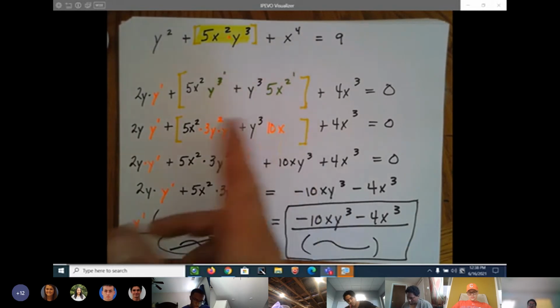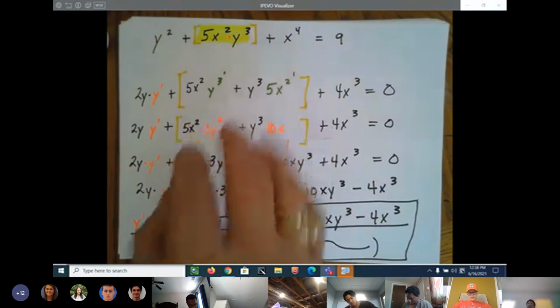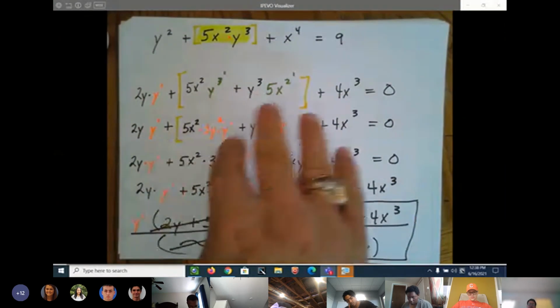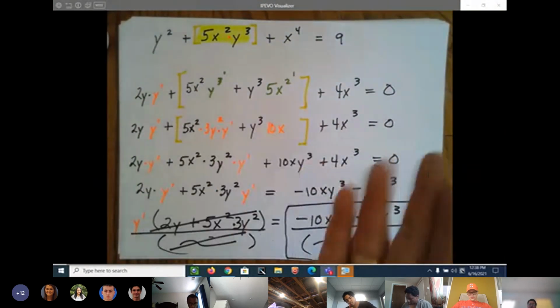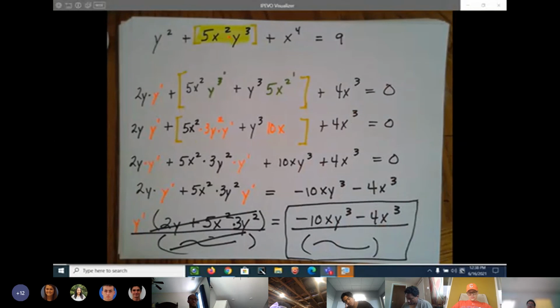What do you notice about the way I did this problem? Can somebody say, can you tell me the way I did this problem? I want somebody to communicate besides Mr. Piella. You broke it up into different parts.